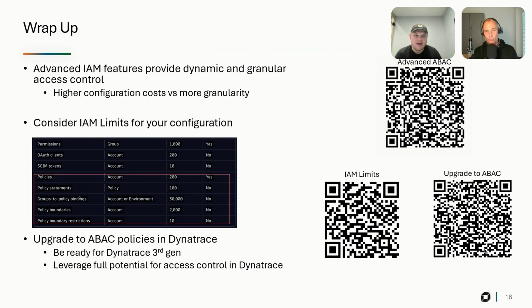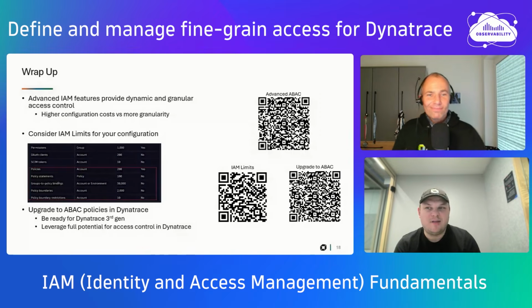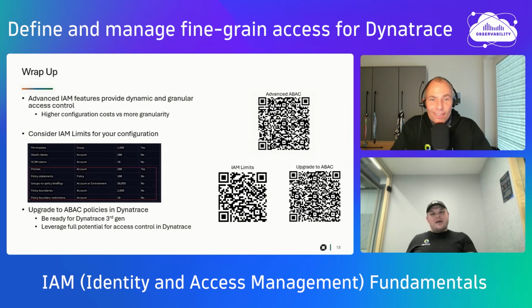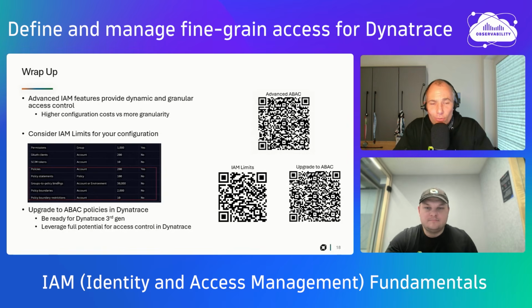We have a very good guide that helps you upgrade to attribute-based access control. Please check that out if you now have a taste for policies and that could be something you want to implement. And as always, these are great QR codes. We will also have those links in the description of this video, and it's easy to find them on the doc page too.